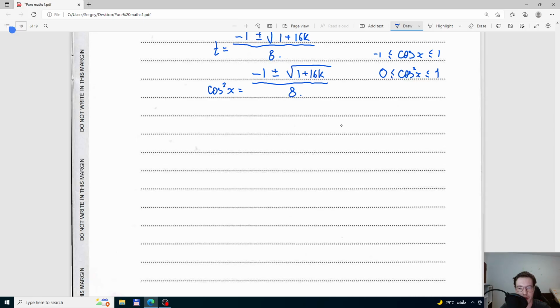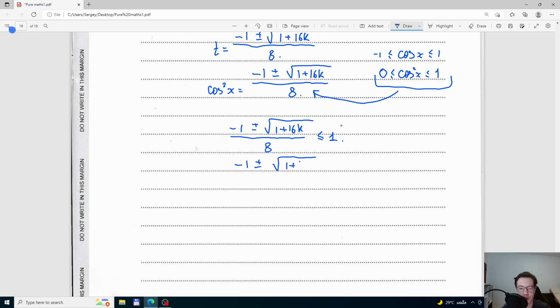Okay, so let's combine this limitation and our expression for the cosine squared. We know that minus 1 plus or minus the square root should be less or equal than 1. And let us solve this inequality, not the equation, I'm sorry.